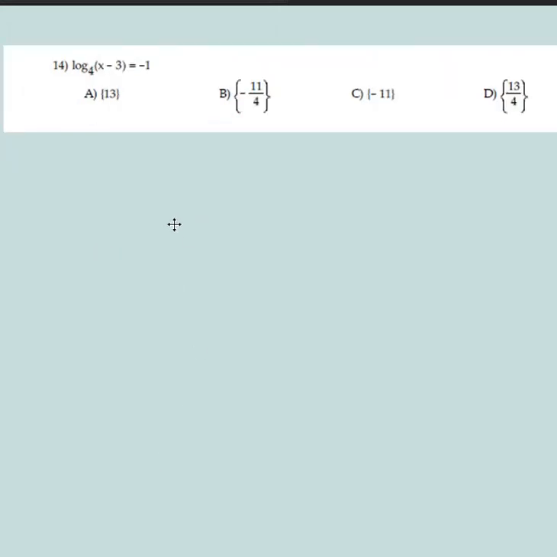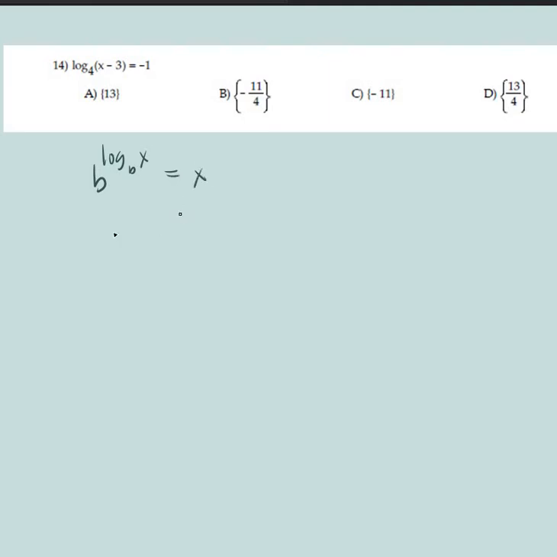Okay, now this one, you also need to apply one of those logarithmic rules that I mentioned a moment ago. We're going to do something similar to what we did in the previous problem. We're going to use this rule: b to the log base b of x is equal to x, right?